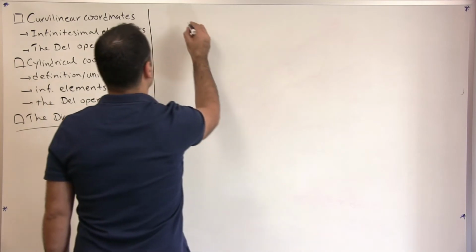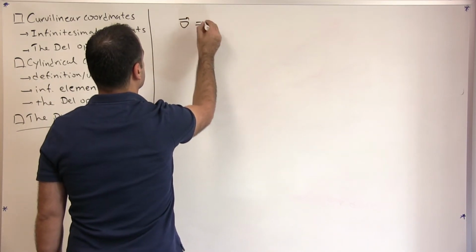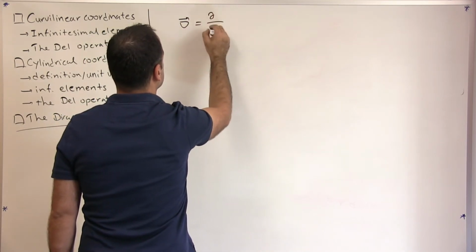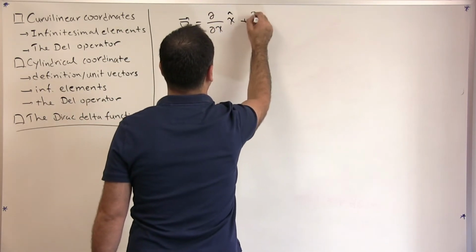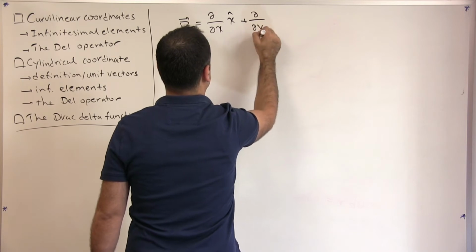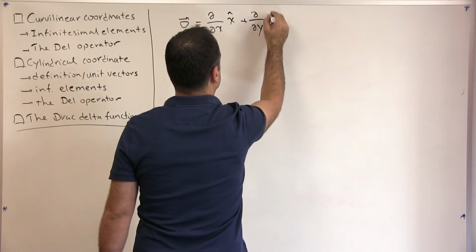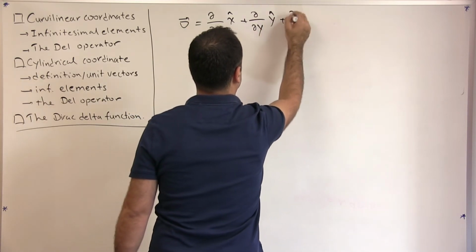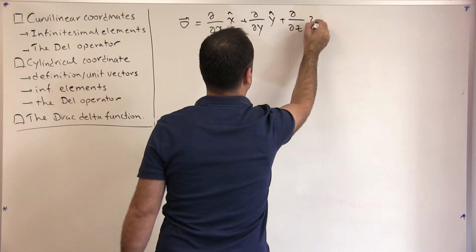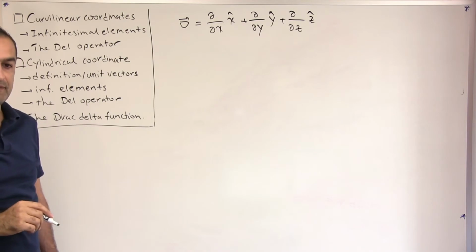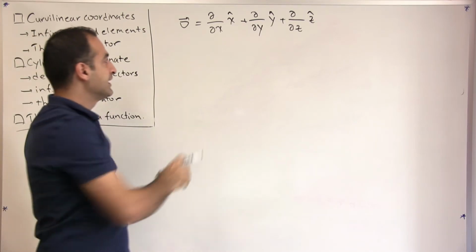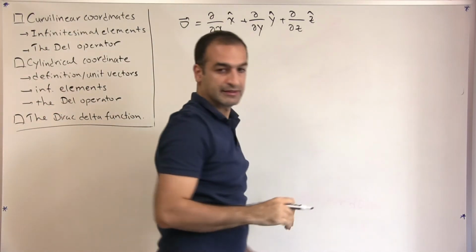In Cartesian coordinates, we define the del operator as partial over partial x times x hat plus partial over partial y times y hat plus partial over partial z times z hat. So we had this definition for the del operator, and this is correct in Cartesian coordinates.